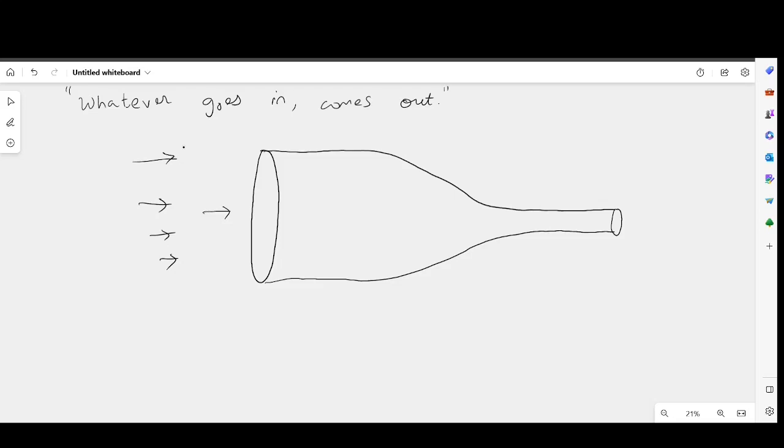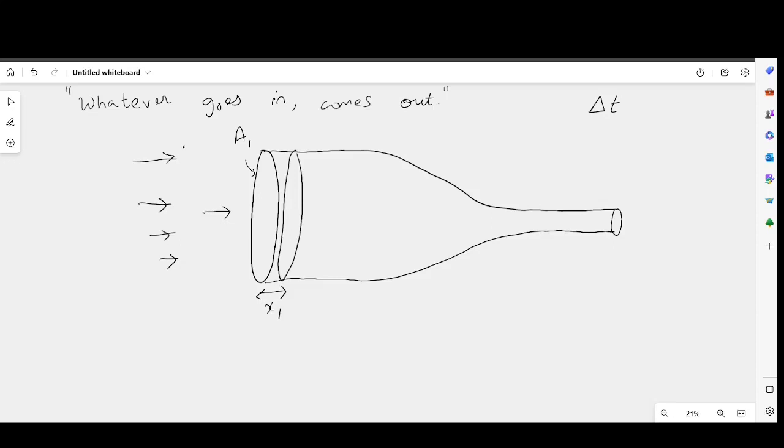Assume that in a certain time delta t, a certain volume of water enters in. So let this be the volume of water that enters in. This is the distance. Let me call this x1. Let me call the area of cross section a1, and assume that through x1 the area of cross section is the same.